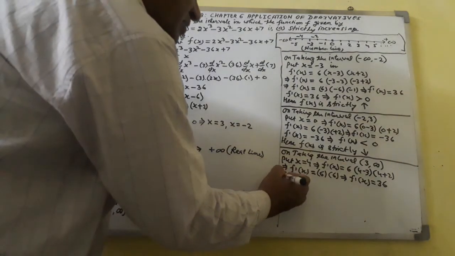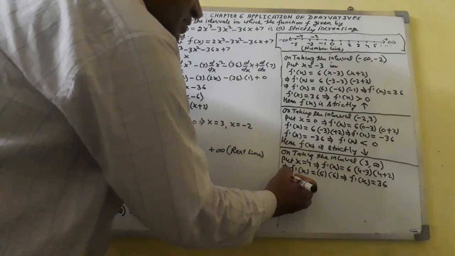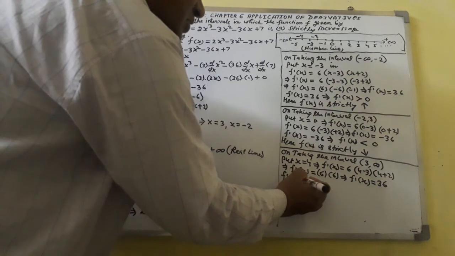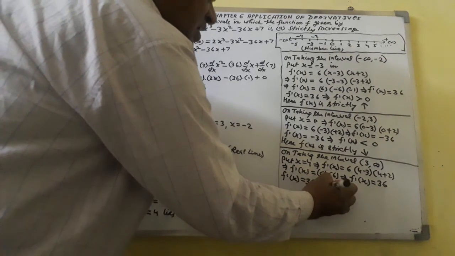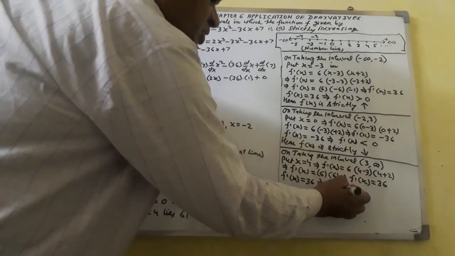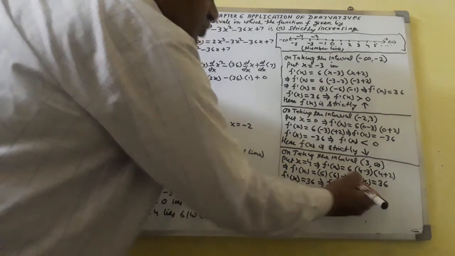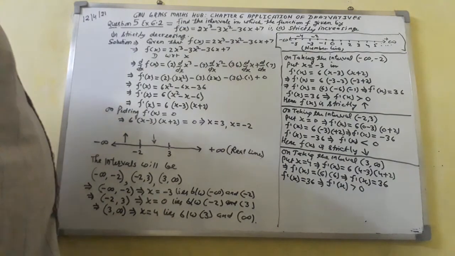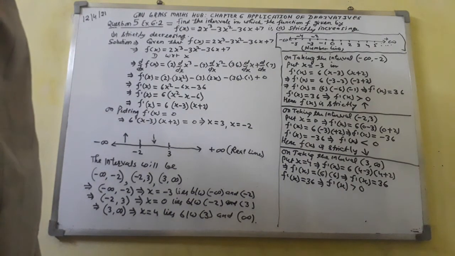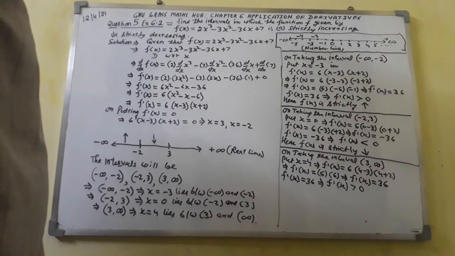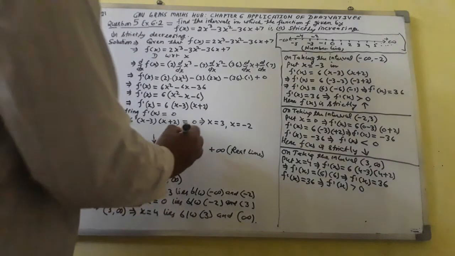Here I shall write f dash of x equal to 36, implied that f dash of x greater than 0. Under the open interval 3, infinity, f of x is strictly increasing.